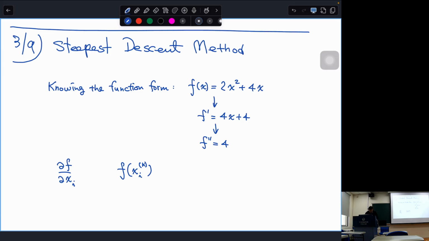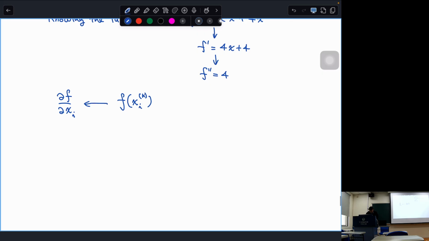So how can we use experiment sampling to determine partial derivatives? You can use the so-called finite difference.